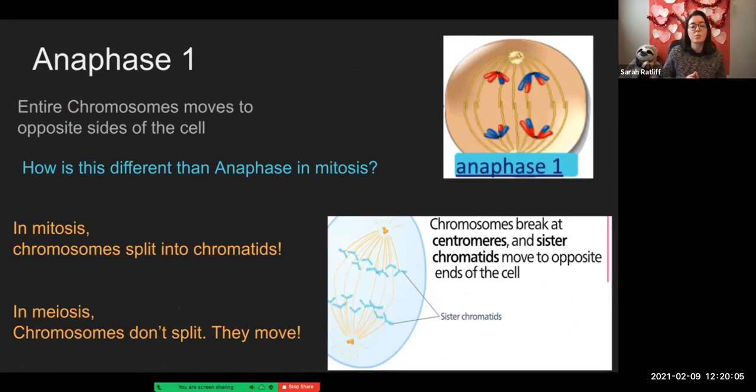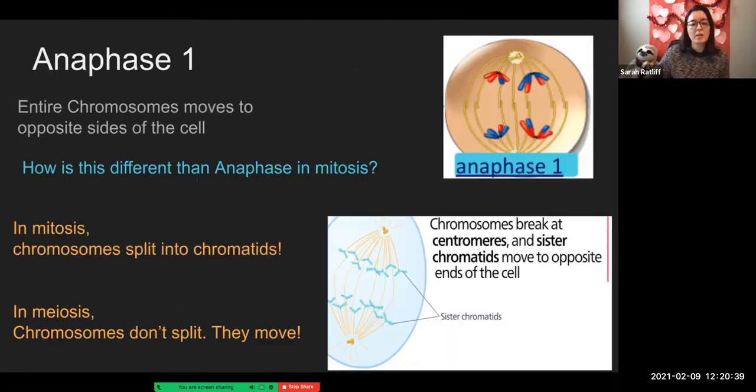Looking at the way these chromosomes are getting pulled to opposite sides of the cell, in meiosis 1, during anaphase 1, whole double-stranded chromosomes are getting separated. During mitosis, we're popping them open at that centromere and pulling them in half, creating single strands. But during meiosis, anaphase 1, we're just going to separate those chromosomes.